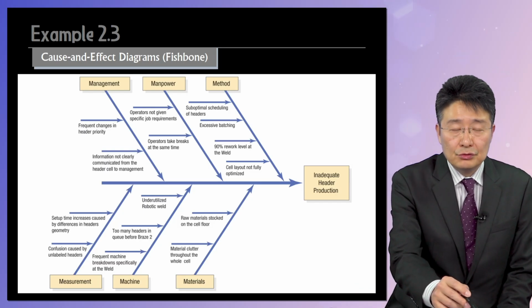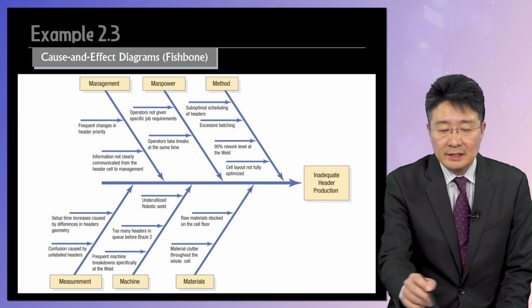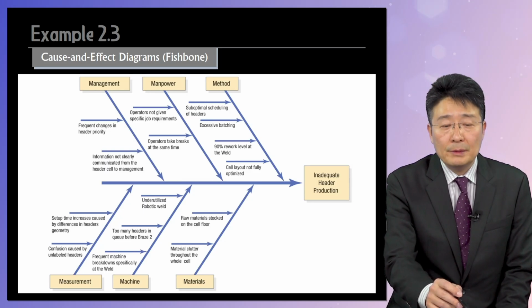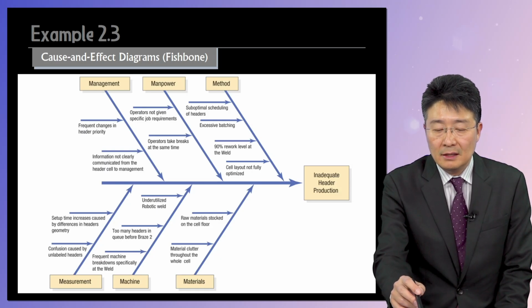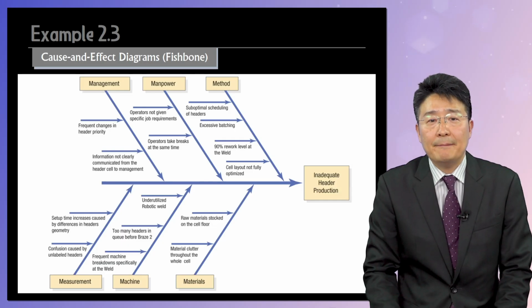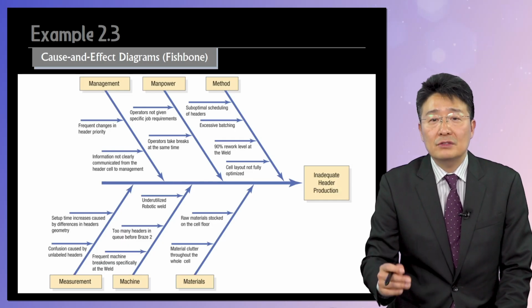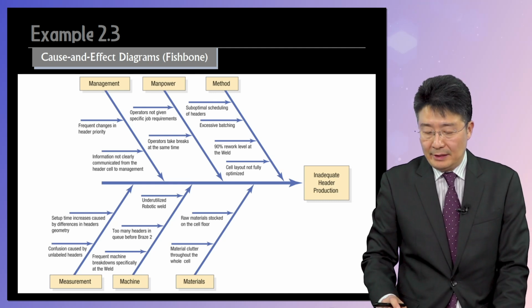So we put the possible reasons and causes in here, and we put more details. For the manpower, we put more details in here. For the method, we put more possible details in here. So this is one example of the fishbone diagram, cause and effect diagrams.